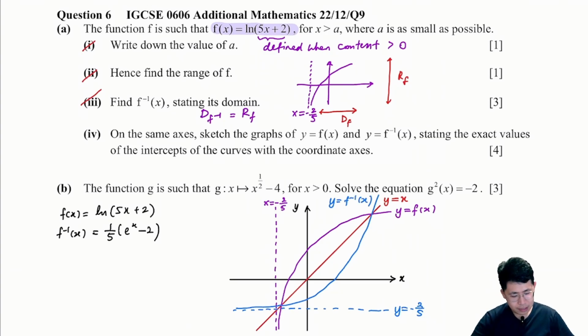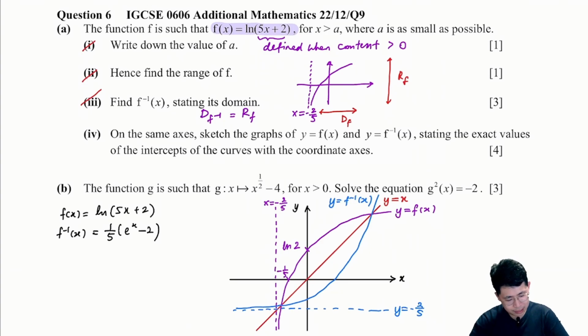Okay, so now let's try to label the axial intercepts. So first one over here, this one is actually ln 2. And when y equals 0, this one over here will be negative 1 over 5 with some algebra.